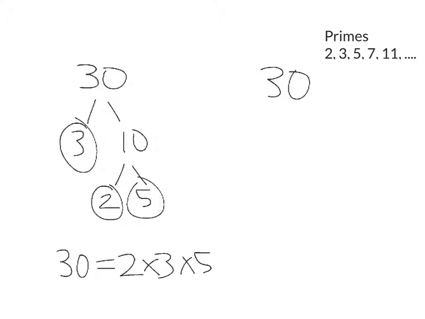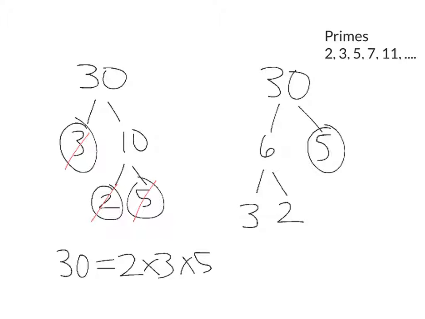Sometimes I like to make sure also that I've got all those numbers marked off, because sometimes you can have a lot of extra numbers. So I've got 2, 3, and 5 there. So now let's do this with another route, another way of doing it. So let's instead do 6 times 5, because 6 times 5 equals 30. 5 is prime. Now I'm going to break down 6, because that's a composite number, into 3 and 2.